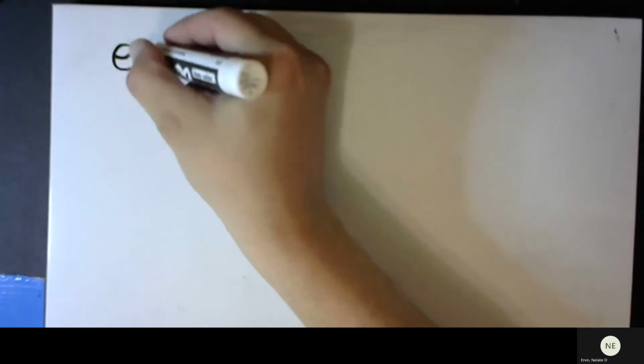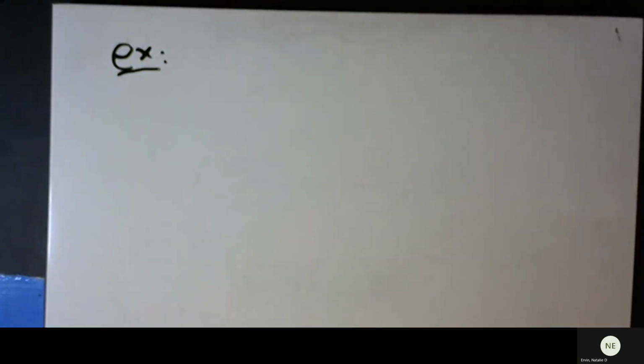So a tricky one would be something like this. This is kind of another one of these problems with an algebra trick.